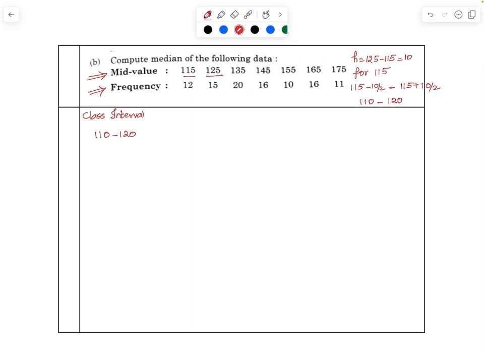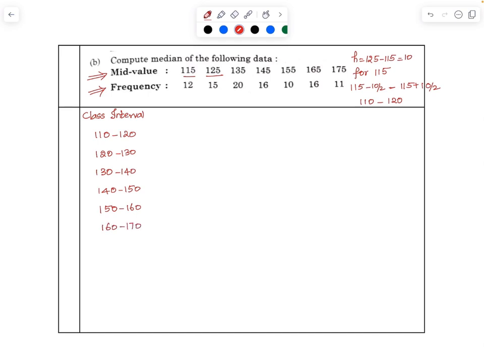For 125, it is 120 to 130. For 135, it is 130 to 140. For 145, it is 140 to 150. For 155, it is 150 to 160. For 165, it is 160 to 170.